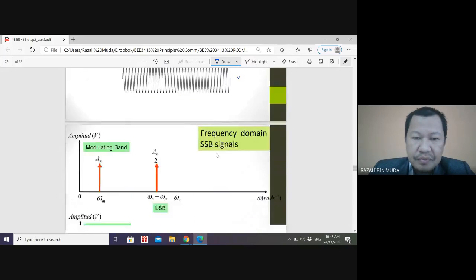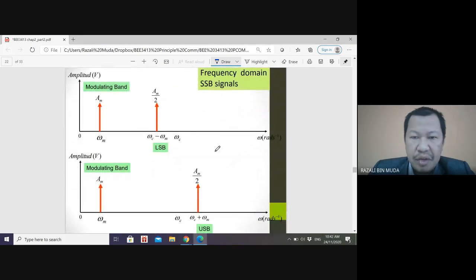So this is in the frequency domain. This frequency signal shows the modulating signal frequency here, omega M or FM.